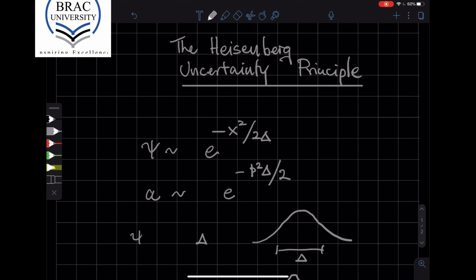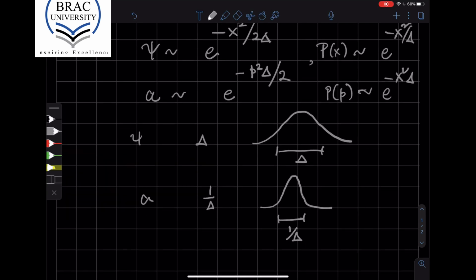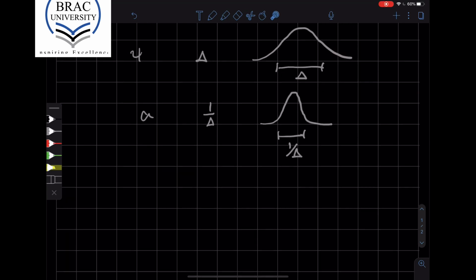And of course, something we should mention is that when we are doing experiments, we are actually not dealing with wave functions directly, but dealing with probability density. So the probability density in the position space would be given by a Gaussian like this, and the probability density in the momentum space would be given by, so which is, and the forms of these Gaussians are saying exactly what we observed here.